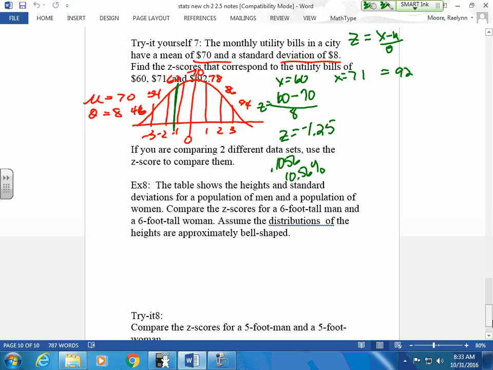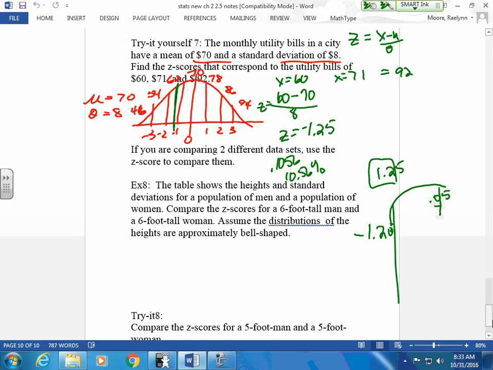So when you have a number like 1.25, you just round the 5 down? No, you leave the 5 there. You're looking up negative 1.2, and then the 5 comes from up top.